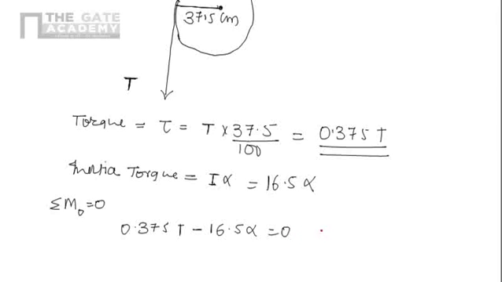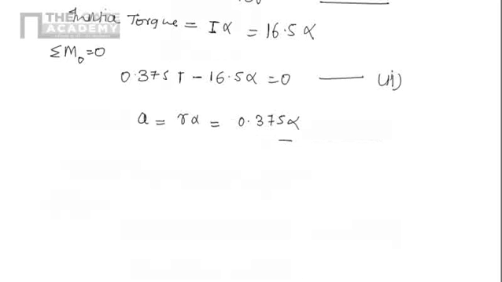So this is equation number 2. Now we know linear acceleration equals r into alpha. So a is 0.375 alpha. Put the value of a in terms of alpha in equation 1. We will get T plus 1000 a by g minus 1000 equals 0. It is equation number 1.